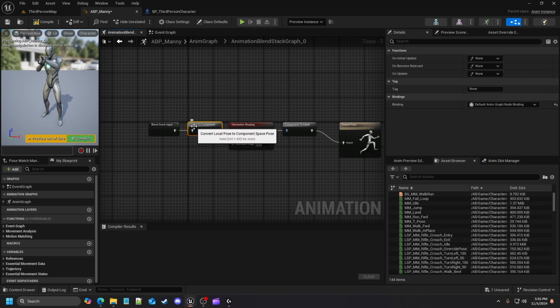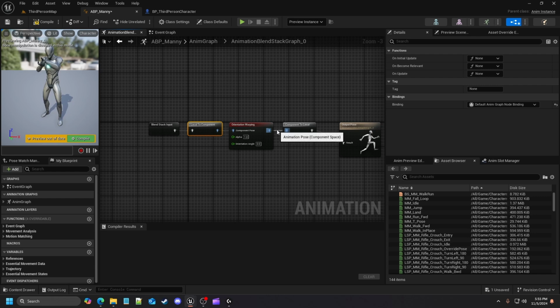So once it converts from our character's relative skeleton to our component space that's relative to the game world, it then processes all that. It zooms into our character and processes whatever it has to do within our character before coming back out, right? Because what component to local does is convert the animation data back from the component space to local space.